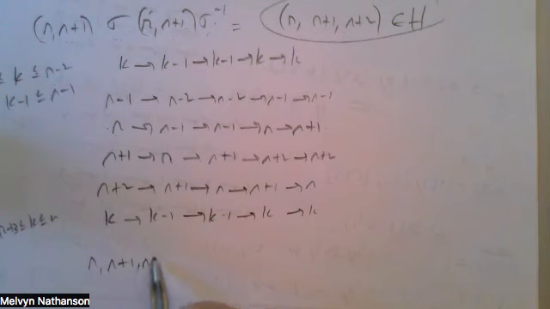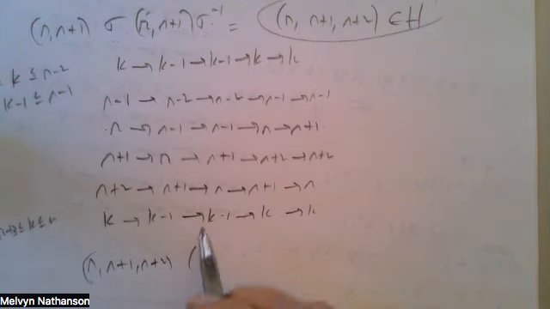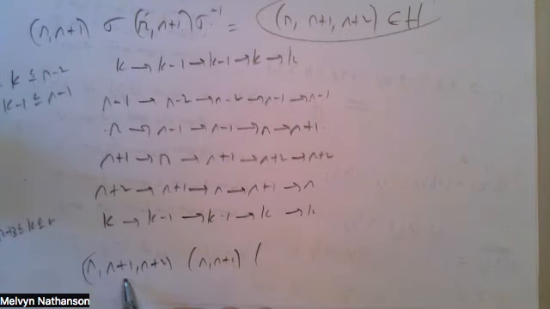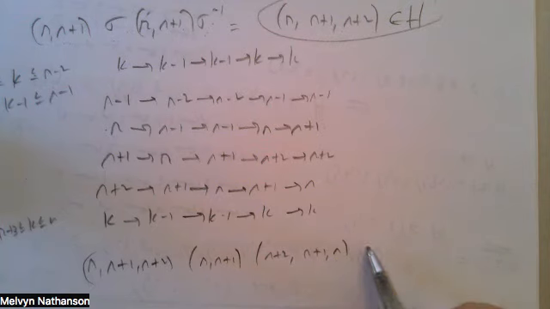So if this is in H, R plus 1, R plus 2 times R plus 1 times the inverse of this, R plus 2, R plus 1, R. We calculate what permutation this is.